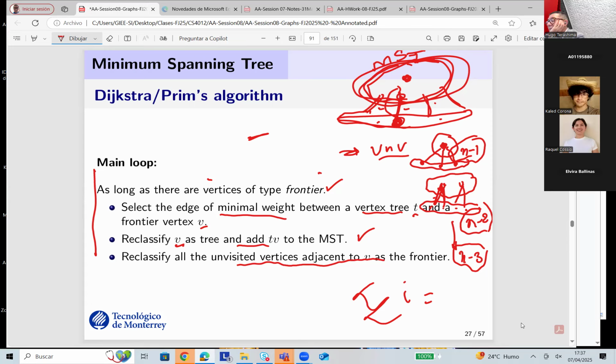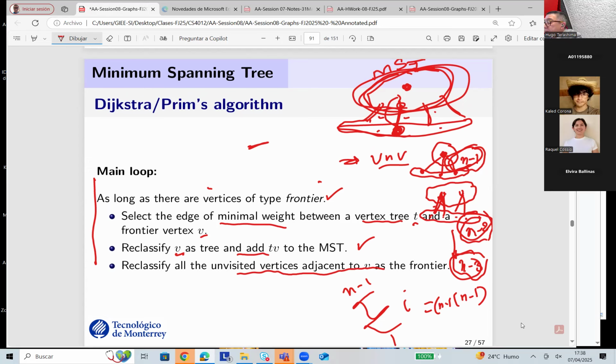What is the summation of i? N minus 1, n minus 2, n minus 3. So it's from 1 to n minus 1, going to be something like this.